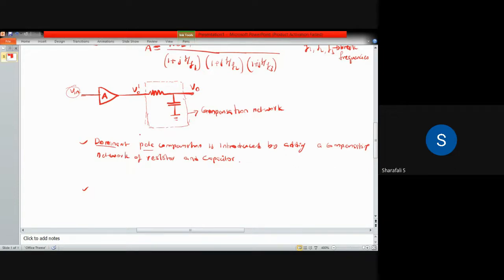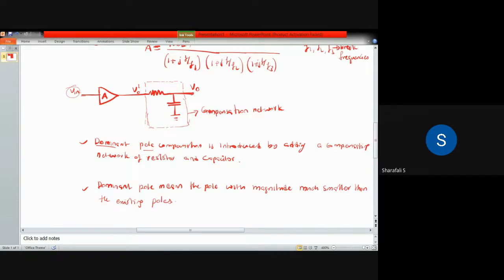A dominant pole is a pole which has a frequency much less than the existing break frequencies.